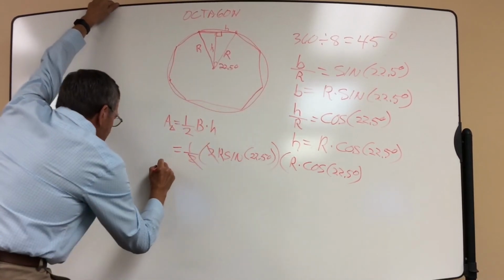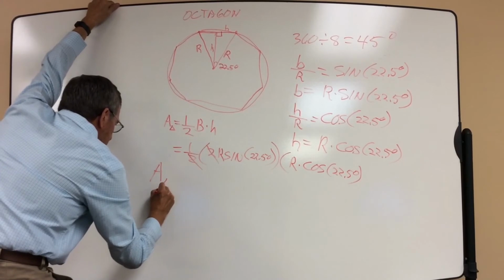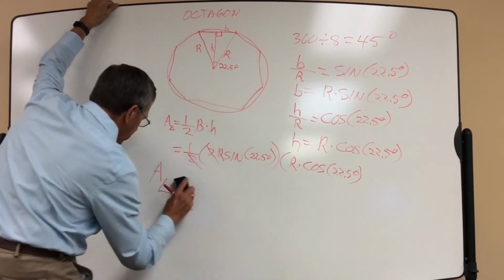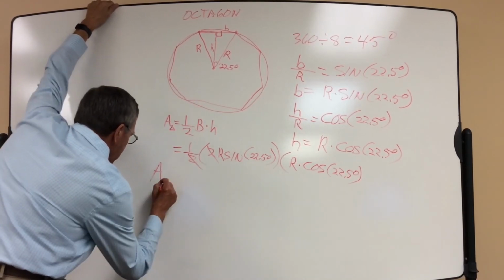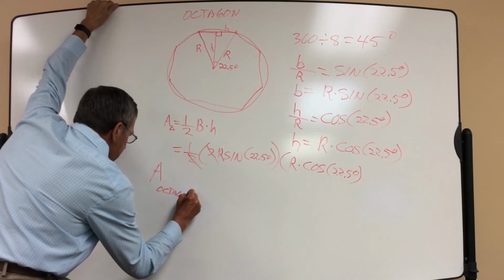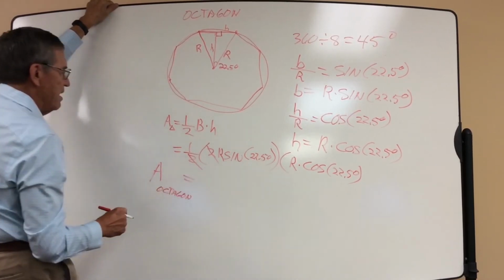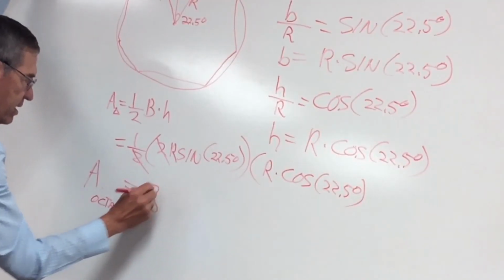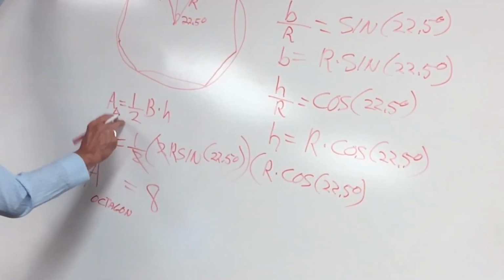So now, all the triangles, let's just do it this way. Area of the octagon, which is going to be 8 times this, okay? So I'm going to put an 8 here. The 2's have canceled because of the 1/2.